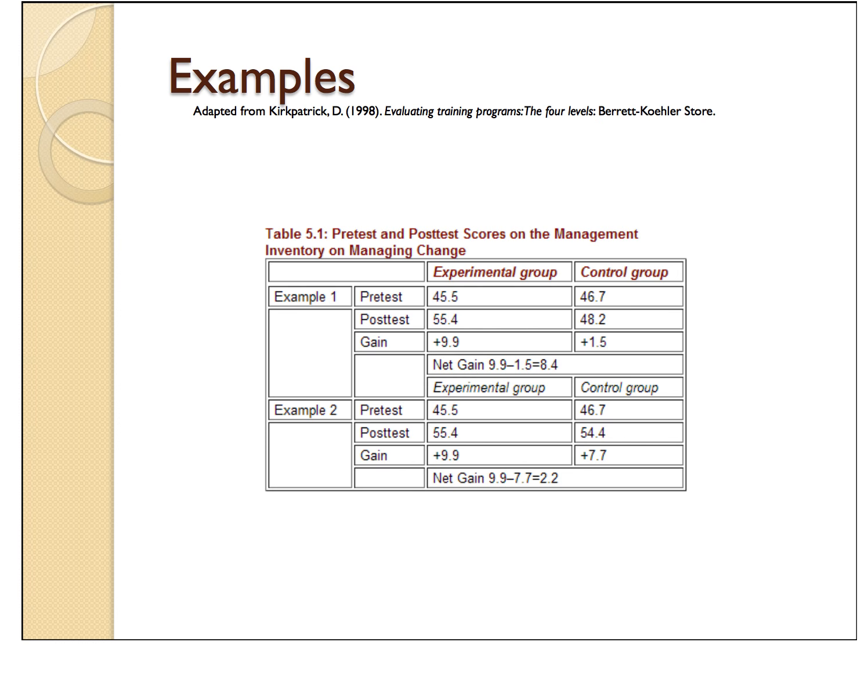The net gain here is 2.2, and in this case you might say that there isn't a whole lot of gain there. The other thing you might want to talk about is, if this is a performance exam based on a 100% scale, if they're scoring 55 on average on the post-test, that indicates that they aren't, on average, passing the post-test exam. So those kinds of factors you also need to pay attention to.